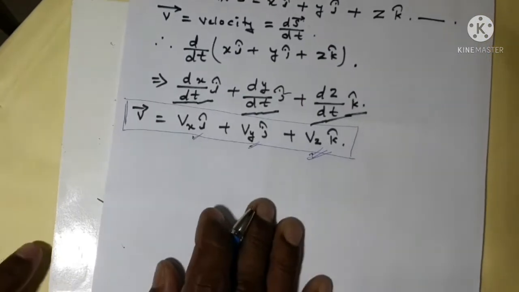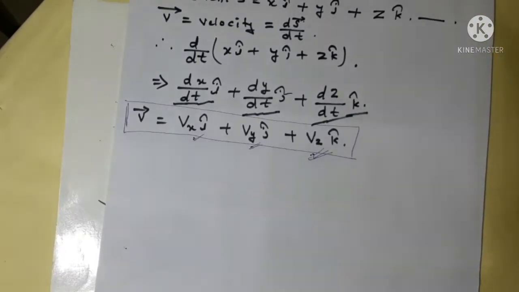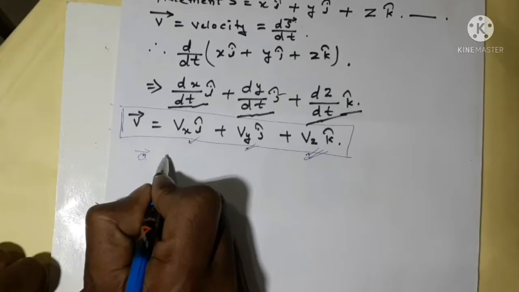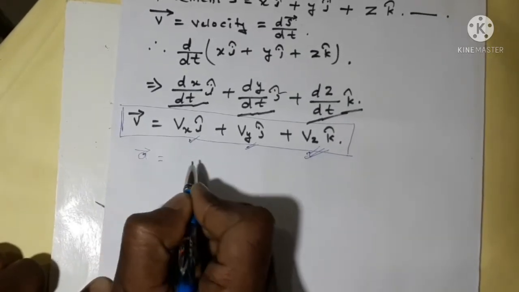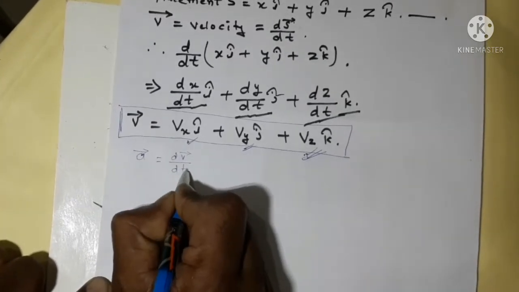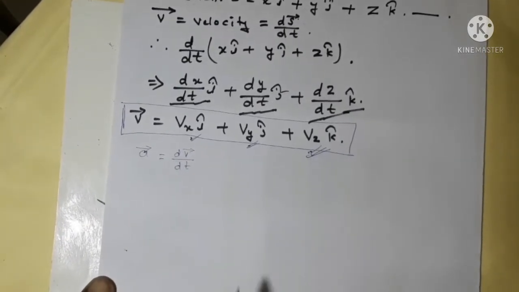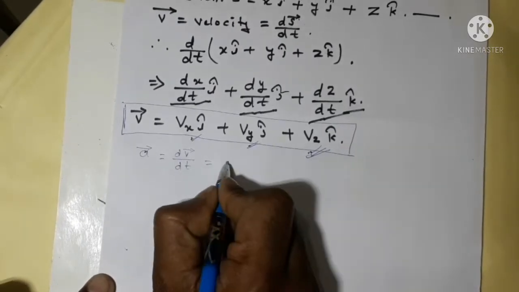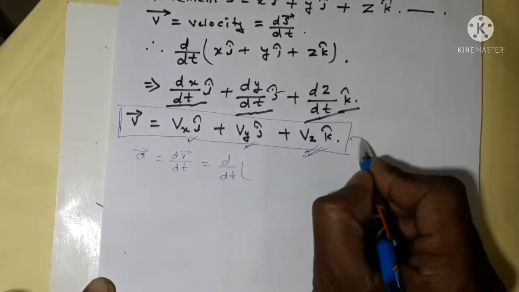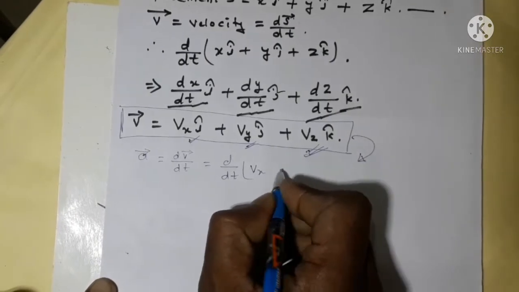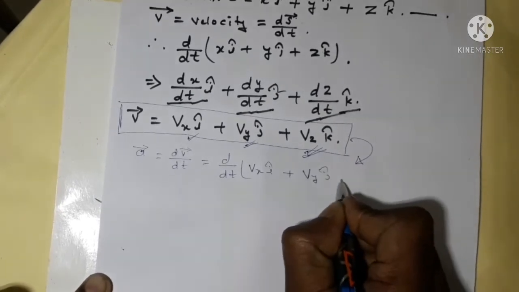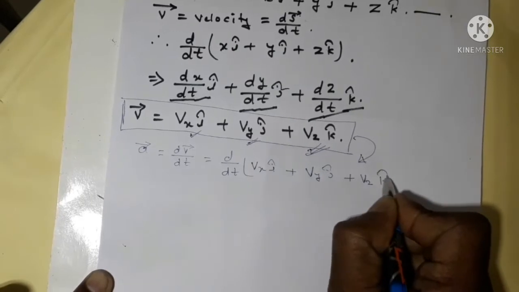Now acceleration. We know that rate of change of velocity is known as acceleration. dv by dt, rate of change of velocity is known as acceleration. So we can write like this, dv by dt, and put the value of velocity here: vx I cap plus vy j cap plus vz k cap.